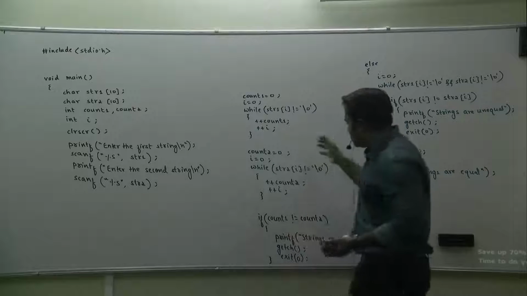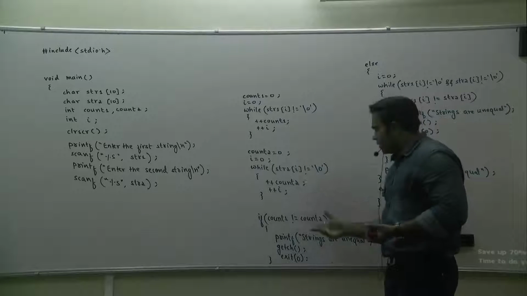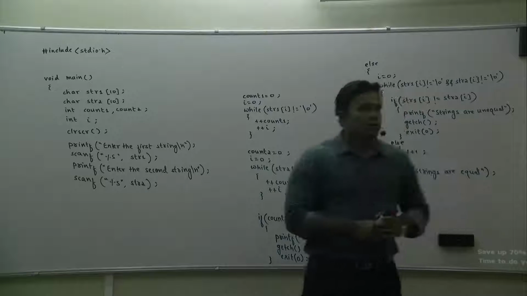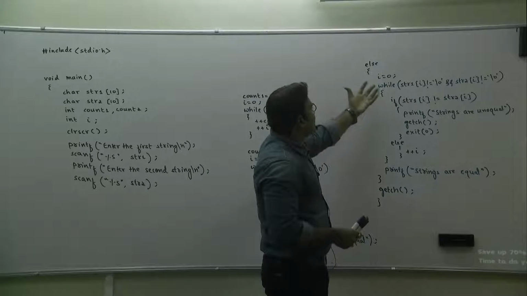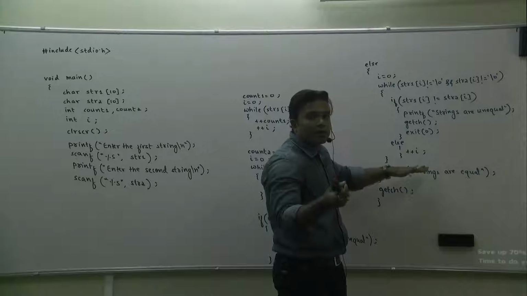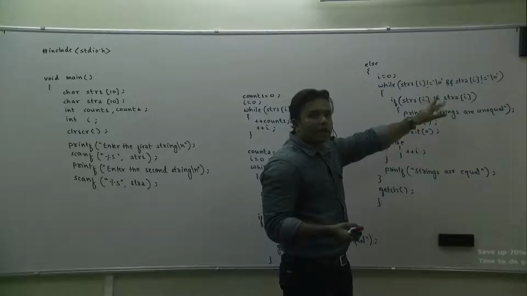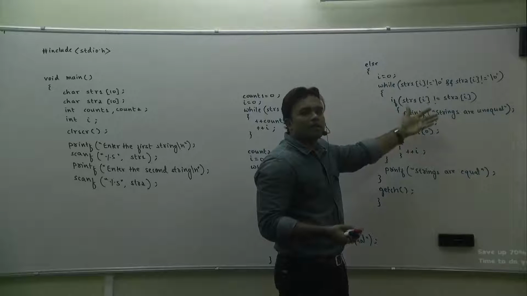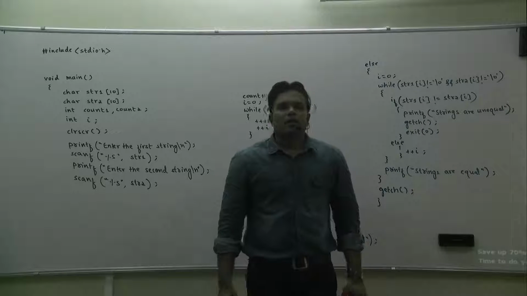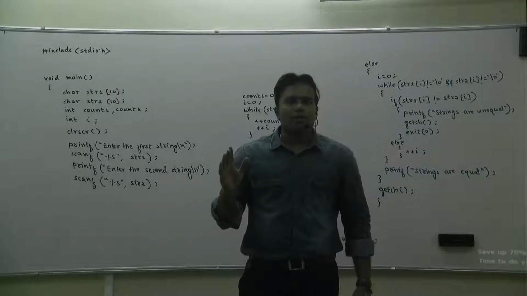Here the count of the second string, and then I am checking the counts. If it mismatches, I will tell they are not equal. Otherwise, I will check here. If you hit the dead end, come out and tell strings are equal, like our case 3. Otherwise, compare. While comparing, if you get unequal, tell unequal. Otherwise, increment and go to the next character. Very simple. I hope all of you have been able to understand.